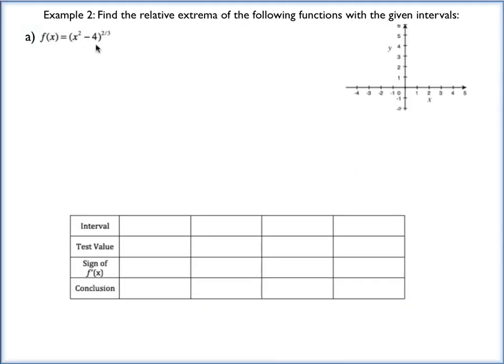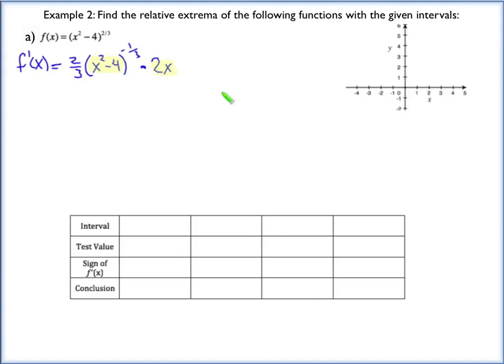Okay, so let's go ahead and find the relative extrema of this function, and we are going to use our first derivative test. So the first thing we have to do is find those critical numbers. Okay, and what rule do we use right here?